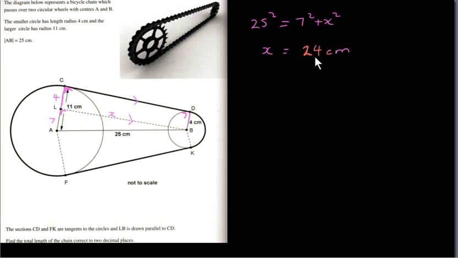Solving this, I get X equals 24 centimeters. If LB is 24 centimeters, then the distance of C to D is also 24 centimeters. By symmetry, the distance of F to K is 24 centimeters as well, because I could have repeated all this calculation for the lower half of this diagram.